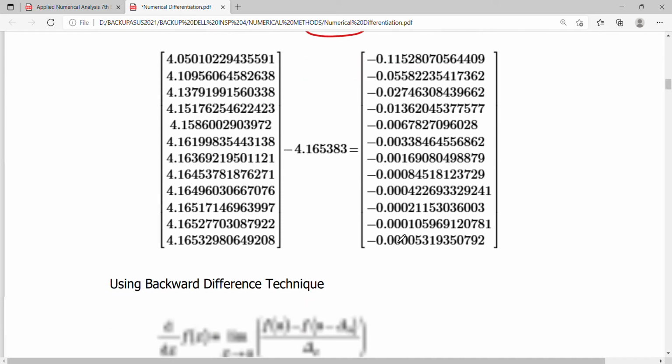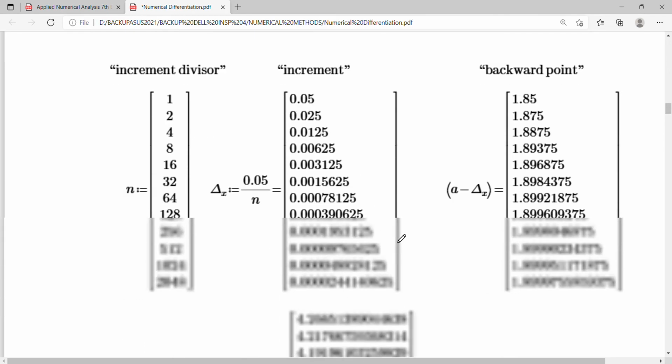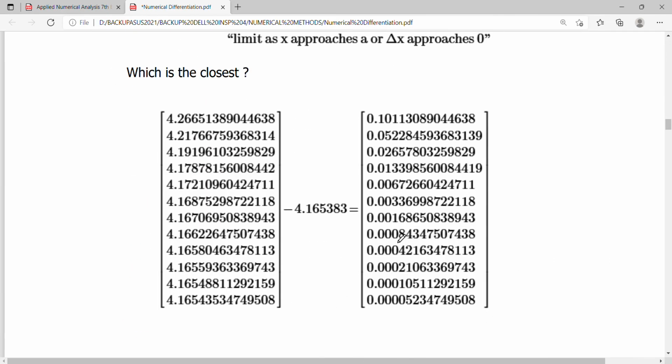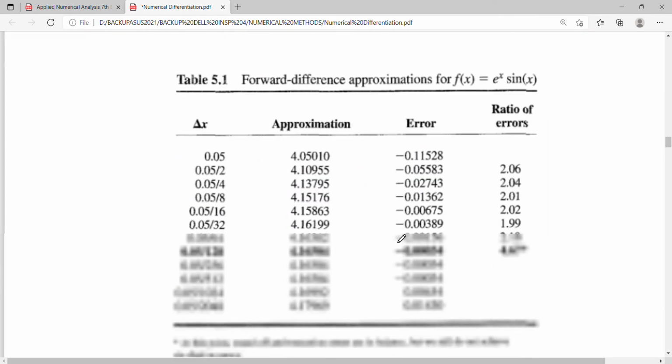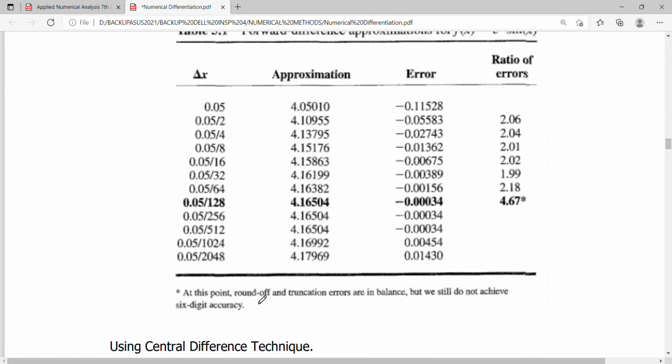Unfortunately, class, if you will look at the result, it will be a different set of values that you can see. Okay, because of the round off error and because of truncation errors.